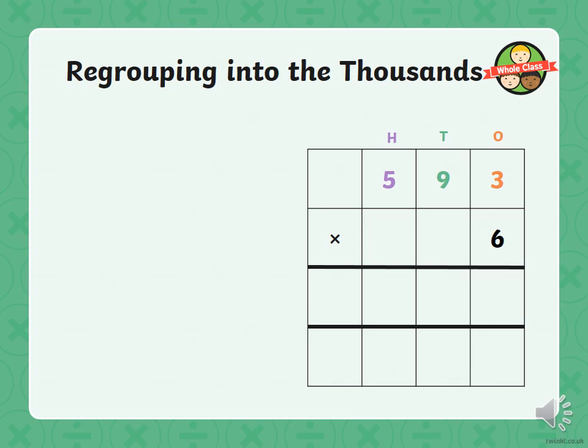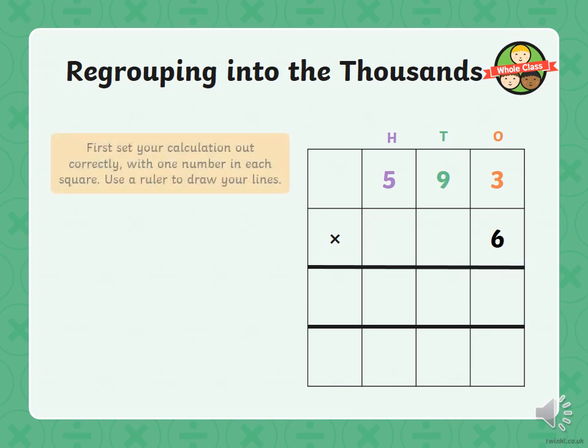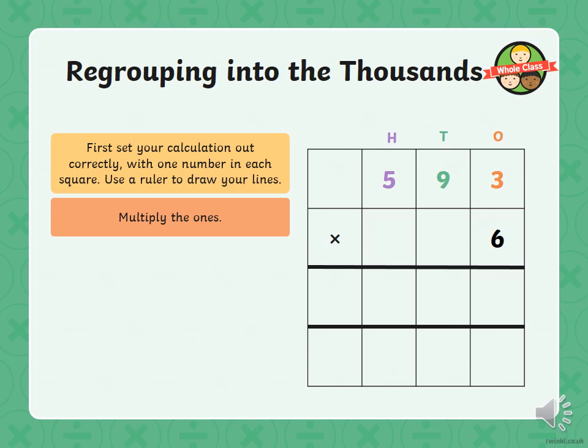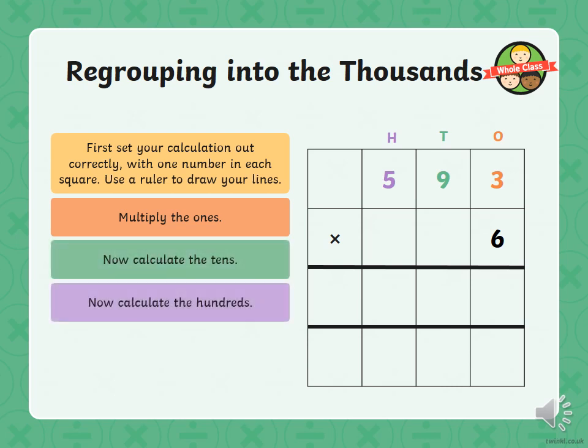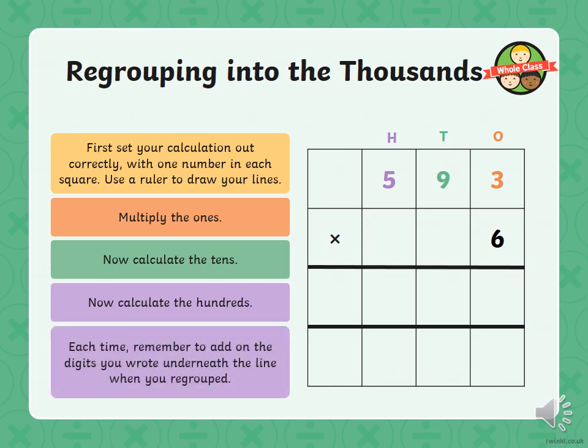So now let's look at the same one here. What I want you to do is follow these steps like we usually do, starting from the ones, moving on to the tens, the hundreds, and remembering to regroup underneath the line where necessary. So 6 times 3 is 18.